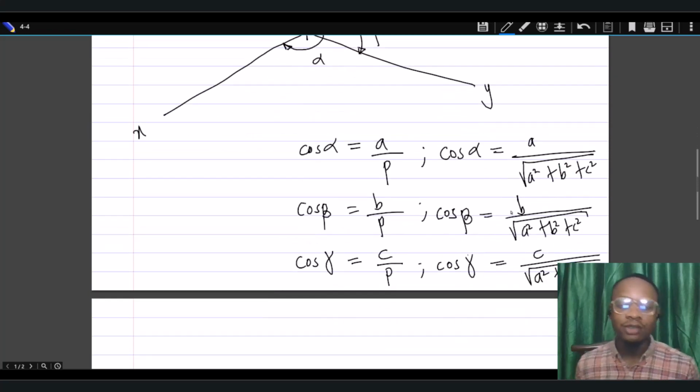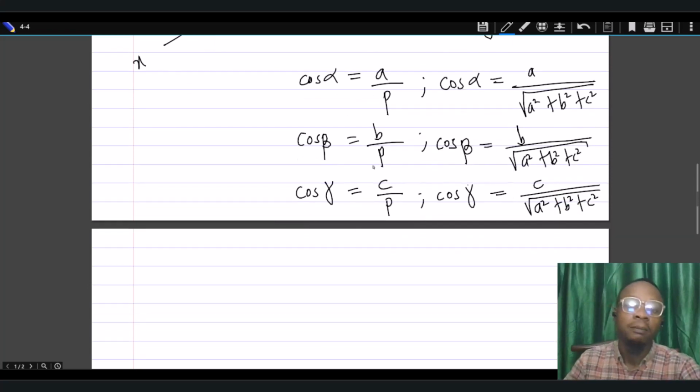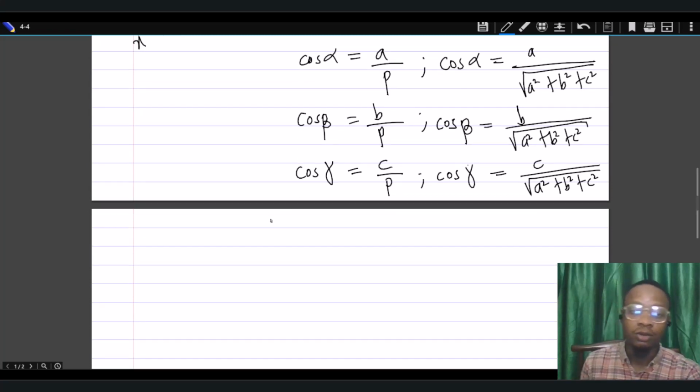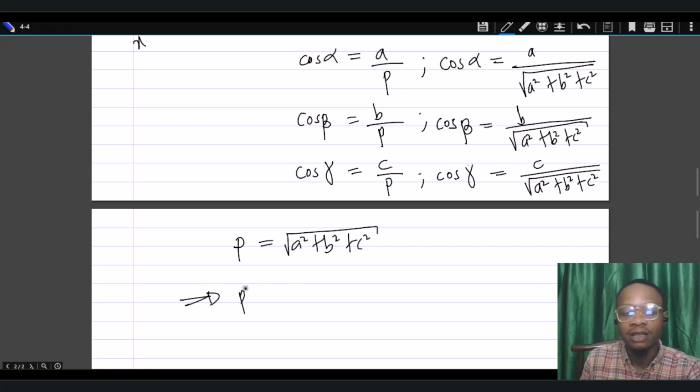Now, what is the relationship? We want to firstly establish the relationship between these angles. One thing we already know is that p is equal to the square root of a squared plus b squared plus c squared, and of course that stems from the fact that p squared equals a squared plus b squared plus c squared.